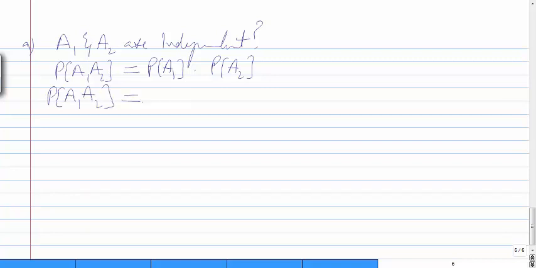To check this, let's see the probability of A1 and A2. I'll write the events here again so that you get the idea of what the outcomes are. A2 is 2, 3 and 4, A3 is the empty set. For A1 and A2, there are two elements that are common, so it becomes 2 by 4, that is 1 by 2.